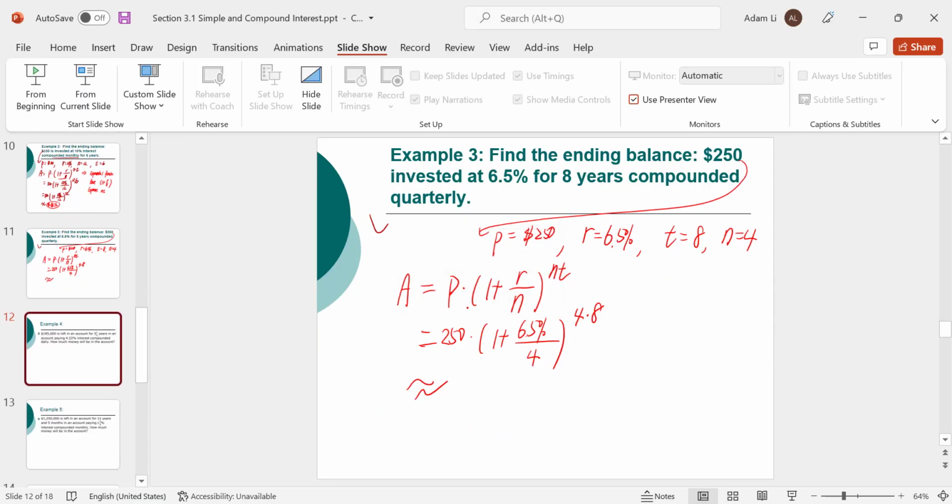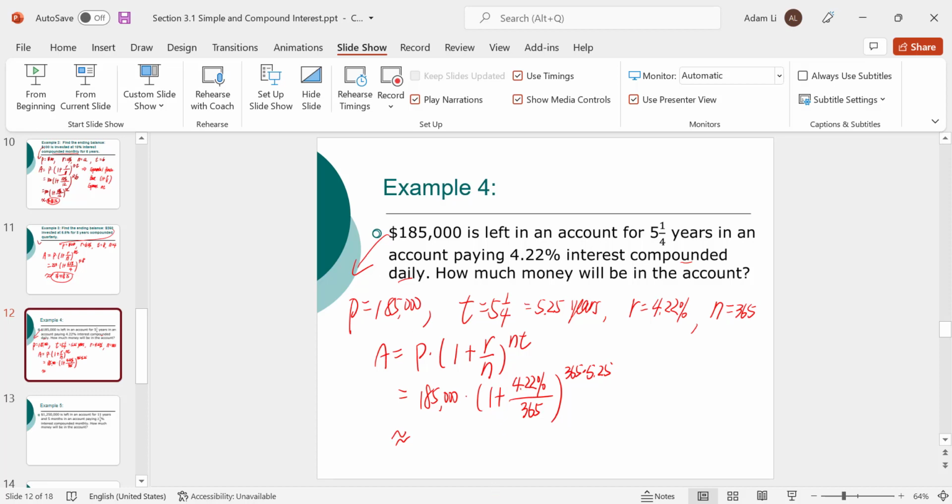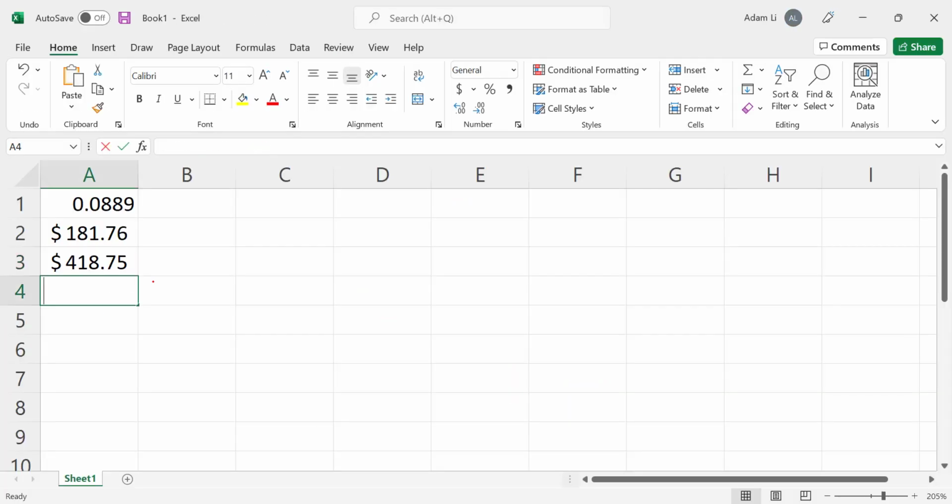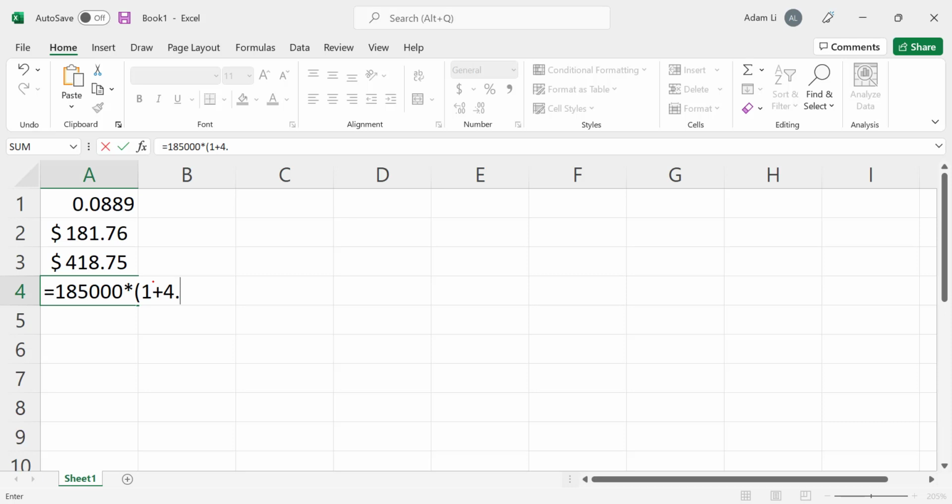Once you understand the principle and also the formula, the rest is done easily. 185,000 multiplied by (1 plus 4.22% over 365) raised to 365 times 5.25. And once you have the right input, the result will be straightforward.